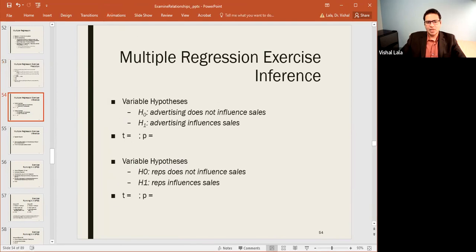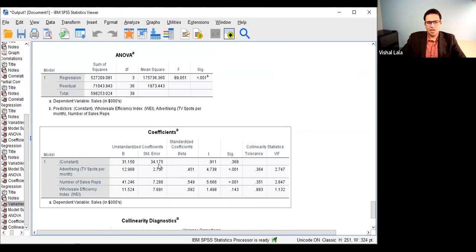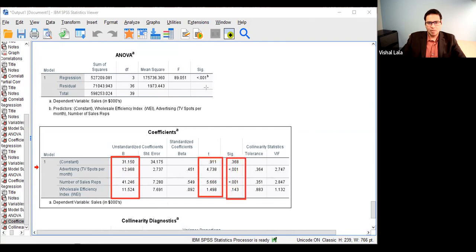We have here in our coefficients table our unstandardized regression coefficients. For each one of them we have a t-statistic, and we have a set of p-values. Let's examine them one by one.